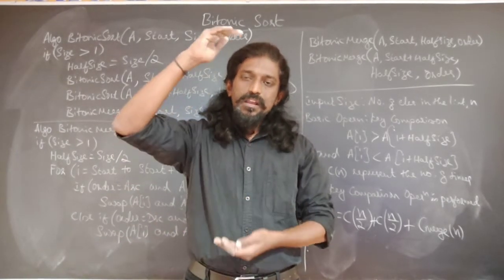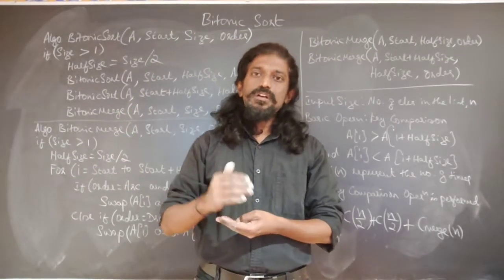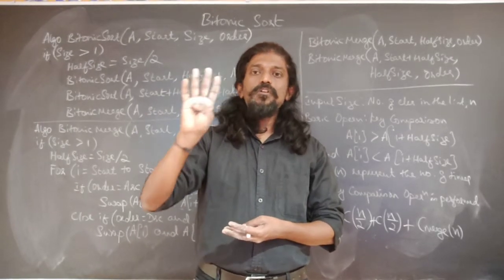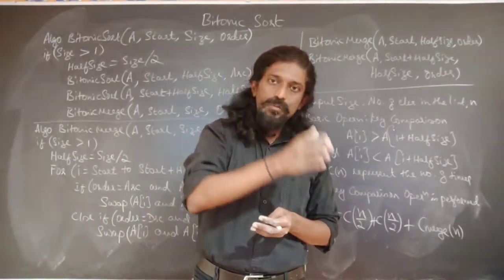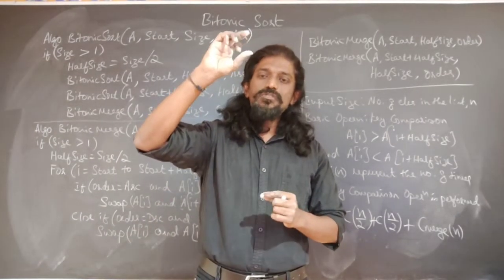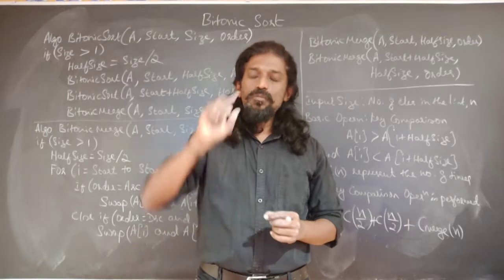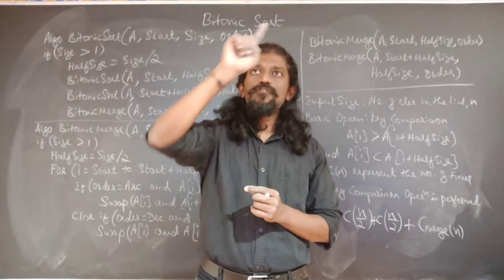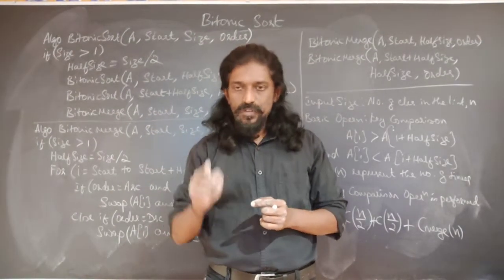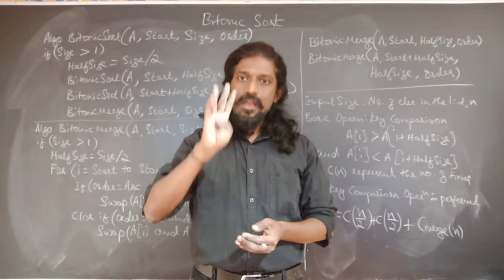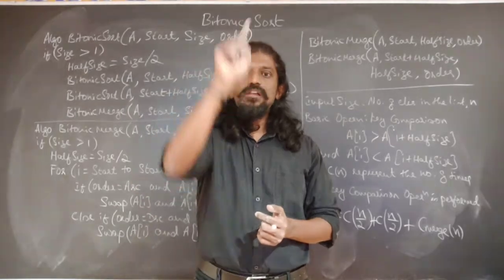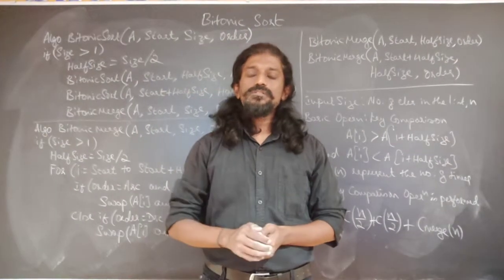So for 8 elements, n by 2, that is 4 comparisons are done. But the algorithm doesn't stop there. It divides into subarrays of size 2 each, and again corresponding elements are compared: first with 3rd, second with 4th, 5th with 7th, 6th with 8th. Again 4 comparisons.